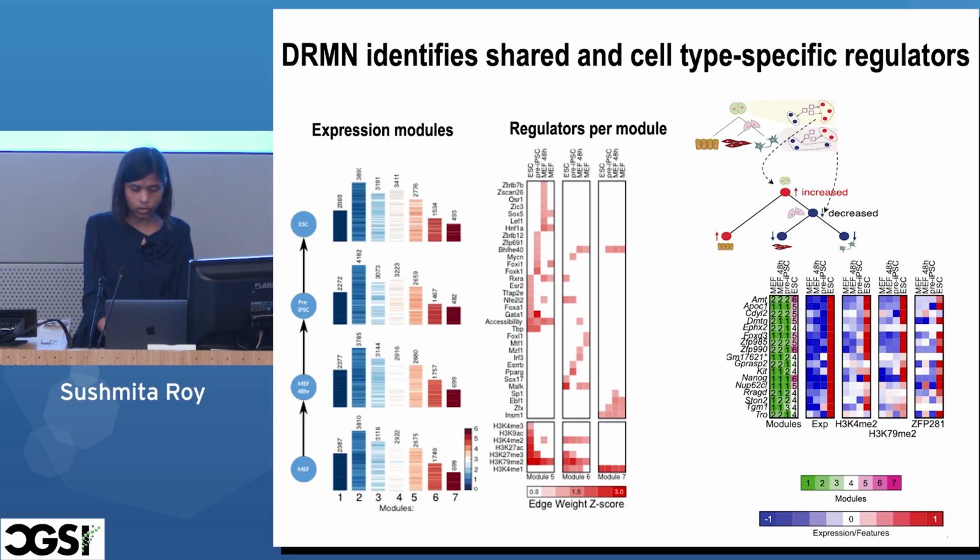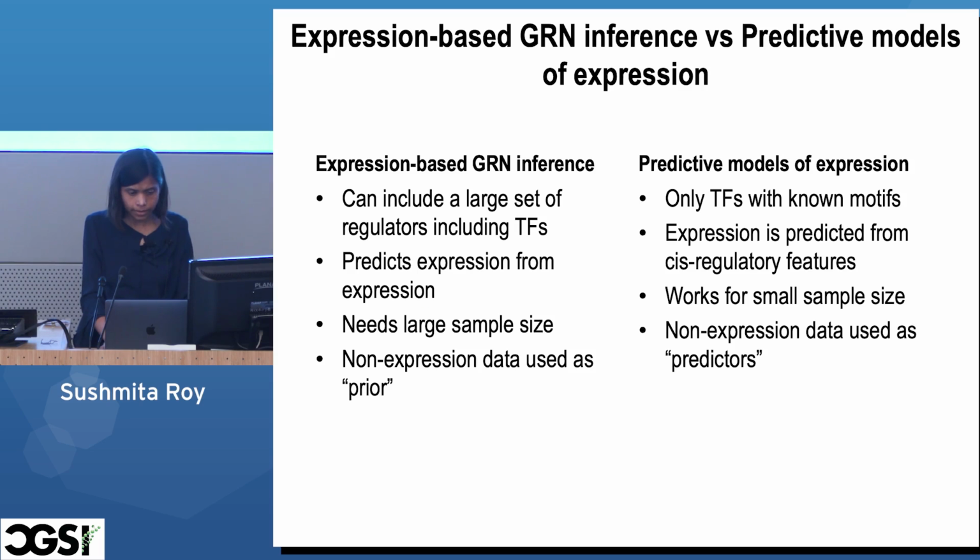And we can also look at how individual genes change their expression state on the lineage or over time, and then we can ask what actually explains those expression levels of those genes, and we can predict regulators like transcription factors or histone marks.